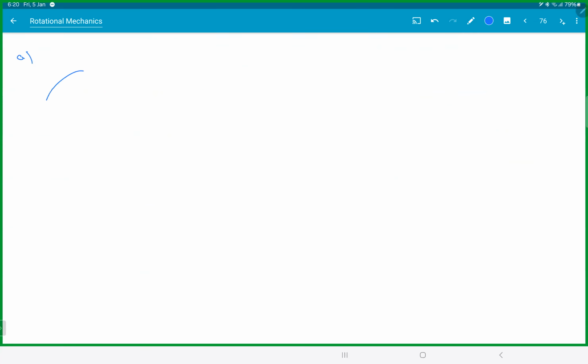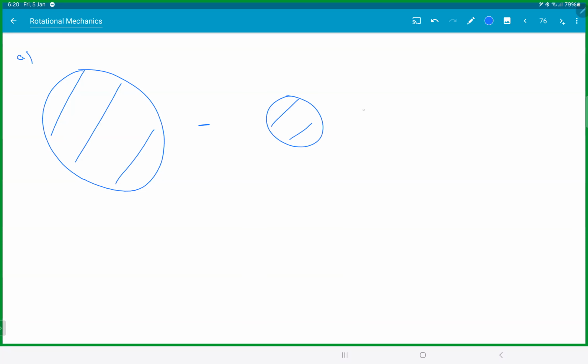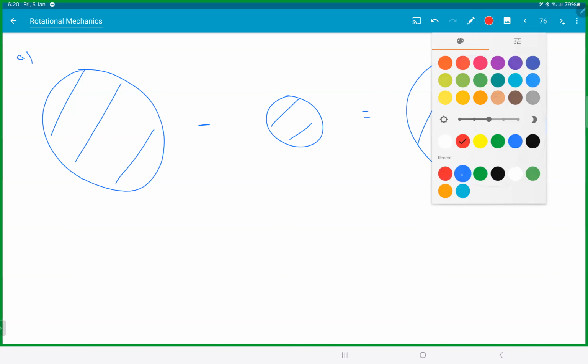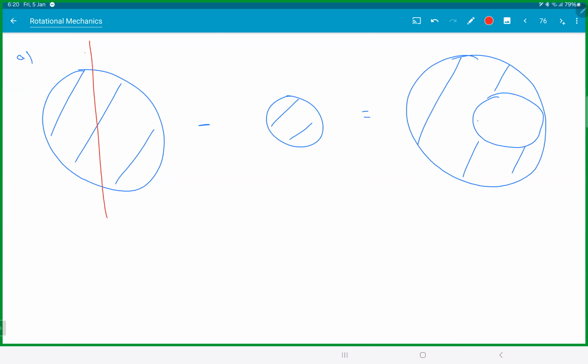So the idea here is I will take the full sphere minus the small sphere, and that will give me the sphere with a cavity. Now be careful about the axis you want.